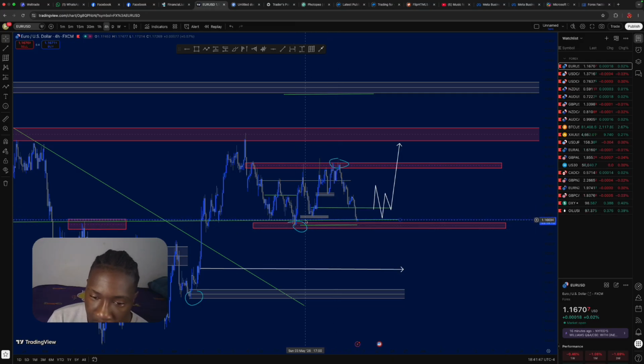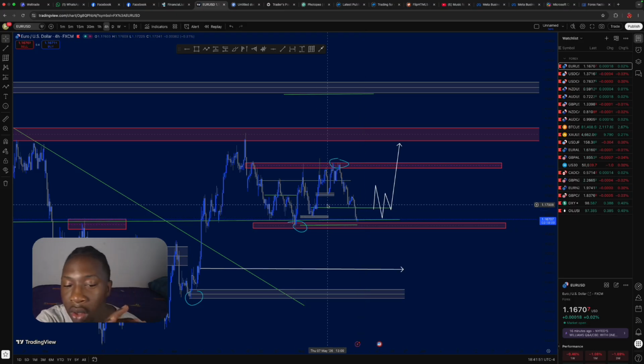react to this support level, because we said the market is consolidating at this level. So if the market is consolidating on this level, this is saying that it reaches the support level.